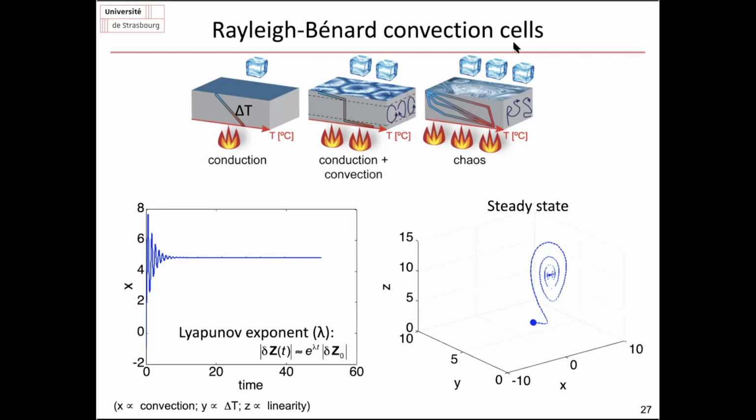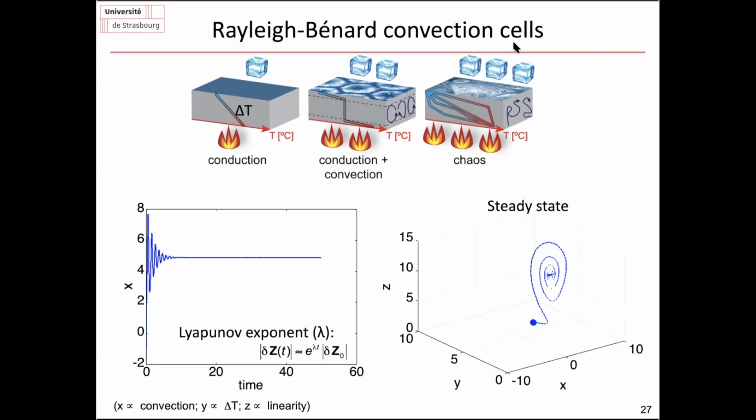And we can code them up, as I will show you in a bit. But here I will show you some of the results. So depending on the Prandtl number, the magnitude of these constants, you can get different kinds of behavior.